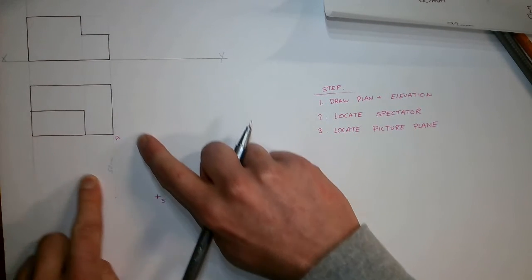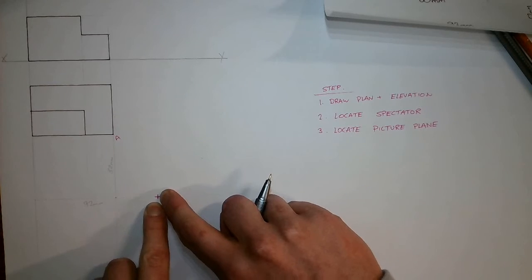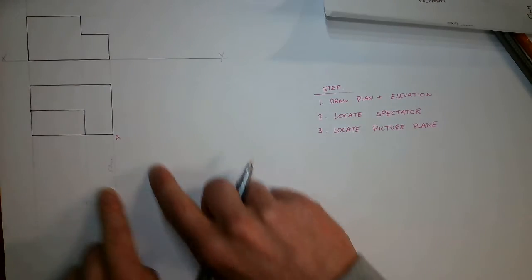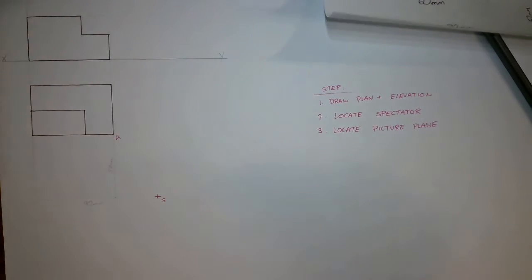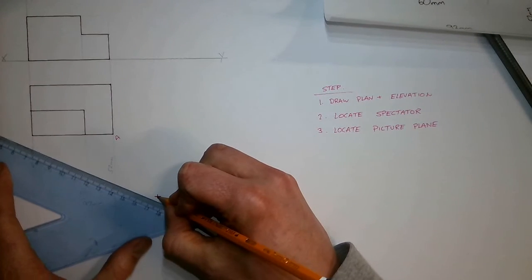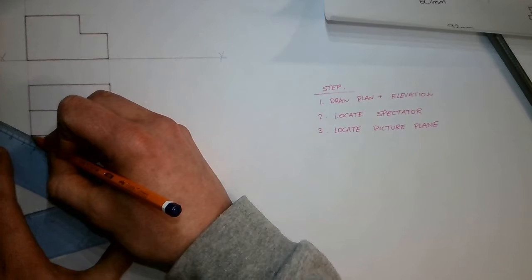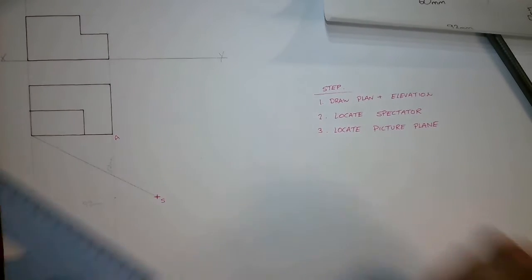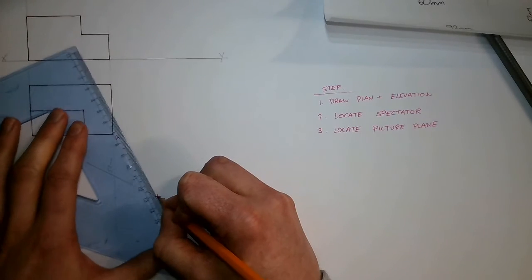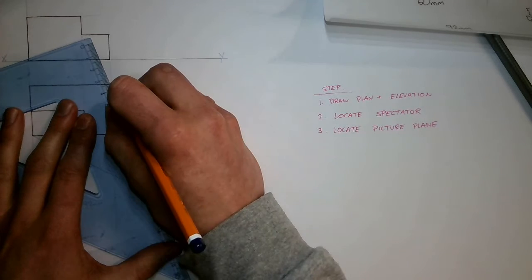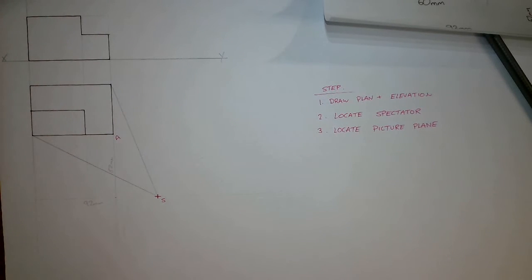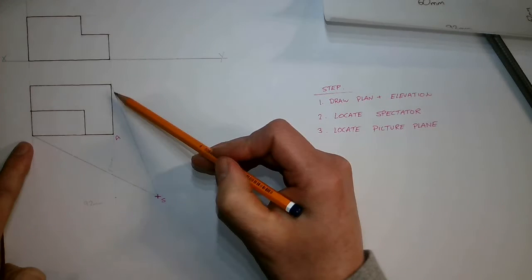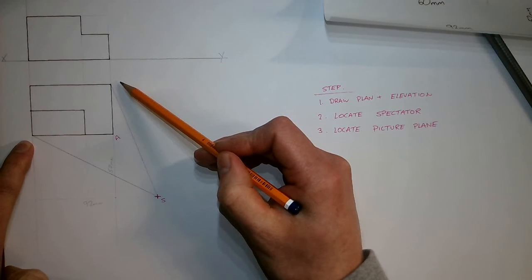So you join them back to the spectator, which makes your cone of vision looking at that object. So I'm going to do that now. I'm just going to join the 2 outside points here to my spectator, like that, and like that. If you like, we've created a cone of vision. That's, if I have that real object in front of me, that's what I see. That's the 2 furthest points I see on either side.